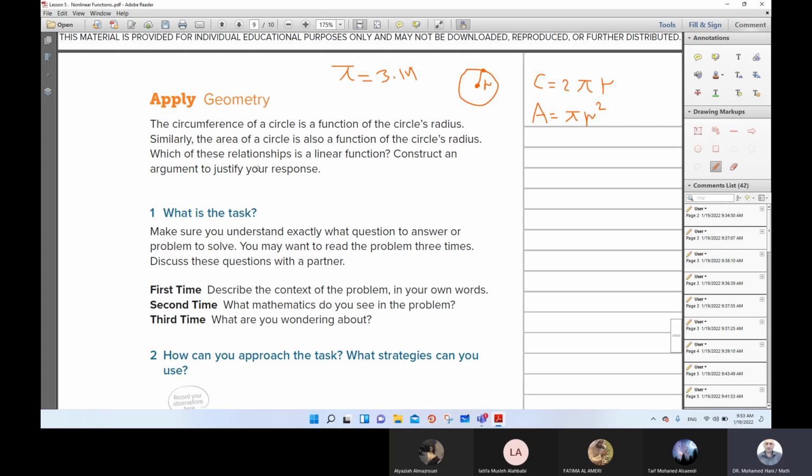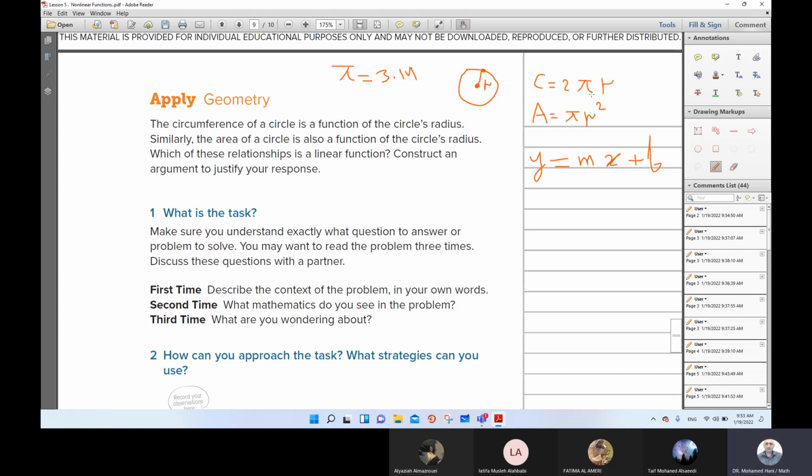Which of these relationships is a linear function? Construct an argument to justify your response. Which one can be written as a function y equals mx plus b?